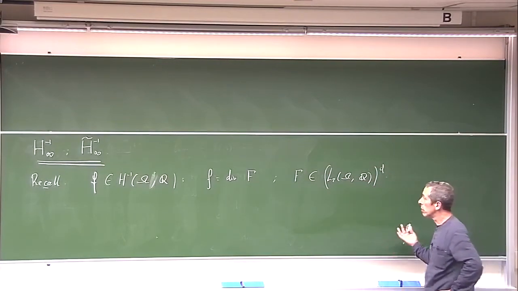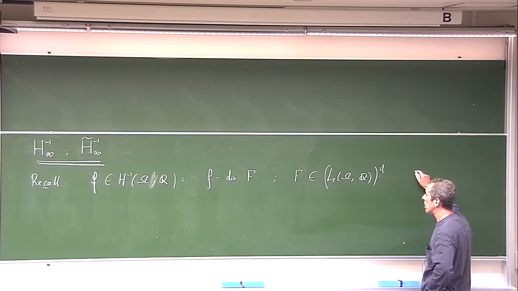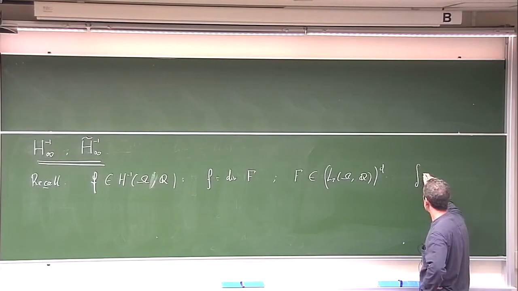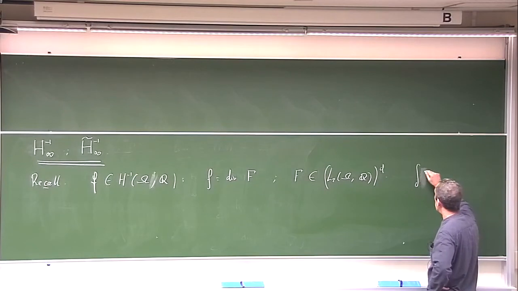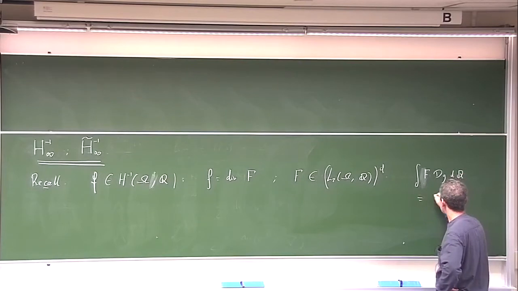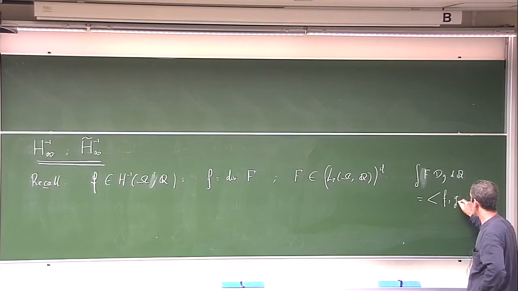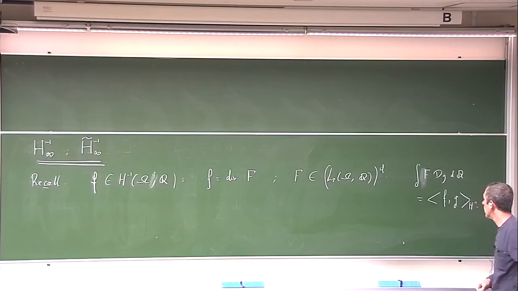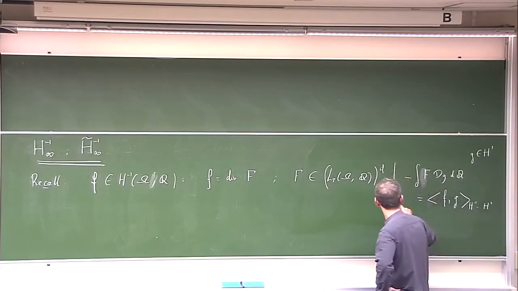And the relation between the two f's is just that the integral of big F dg dq is the scalar product of small f and small g in the H-1, H1 duality, when g is in the source space H1, and there is a minus.